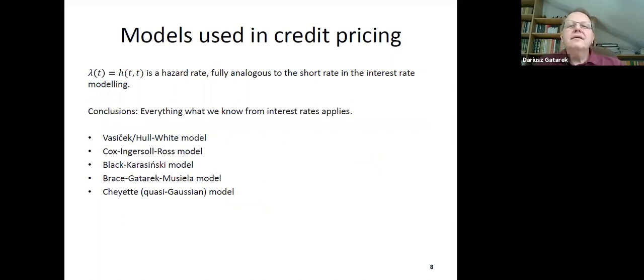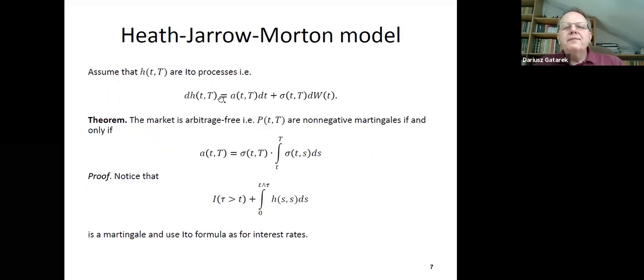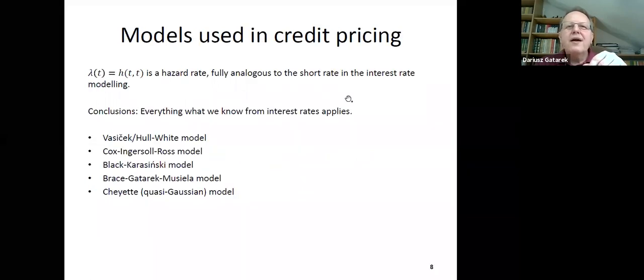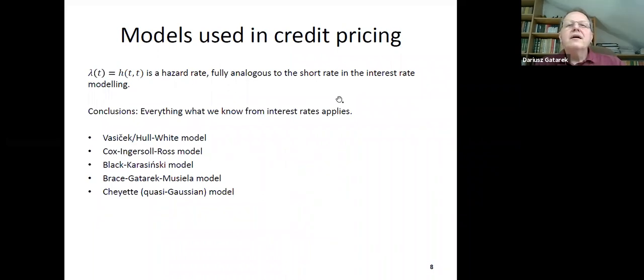And if hazard rates, default probabilities, are driven exactly by the same equations as interest rates, we may use any of the interest rate models to model hazard rates.